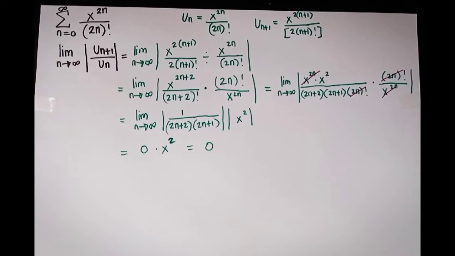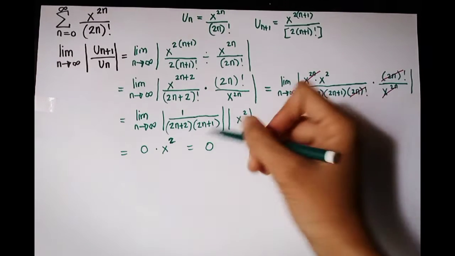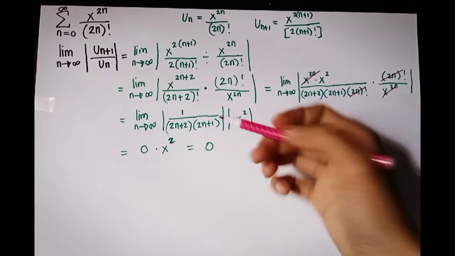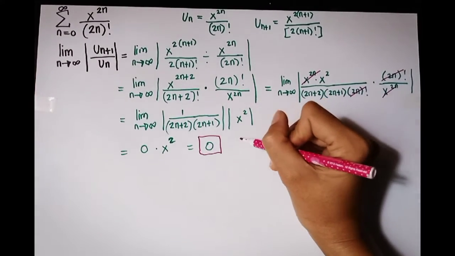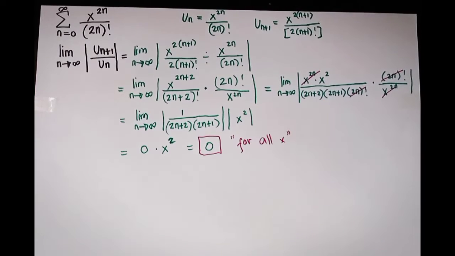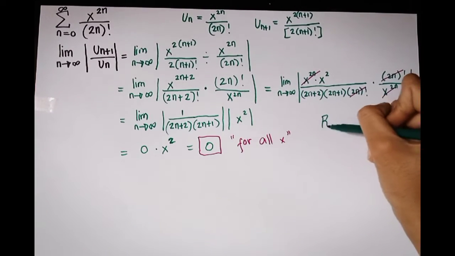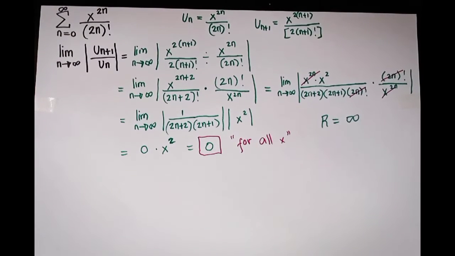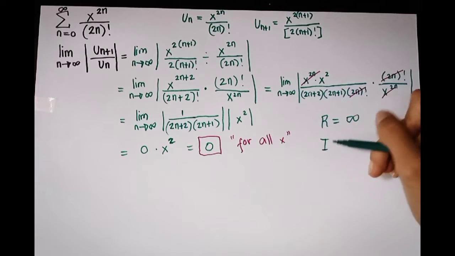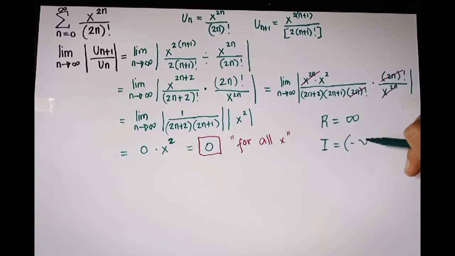So from the cases that we've mentioned, if the limit we get is 0 for all x, therefore our radius of convergence is equal to infinity. And the interval here is negative infinity to infinity.